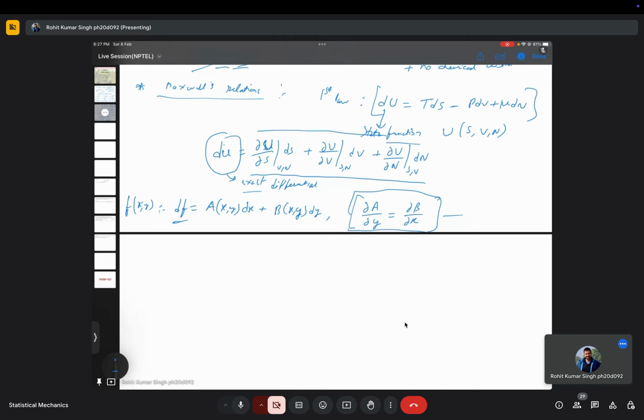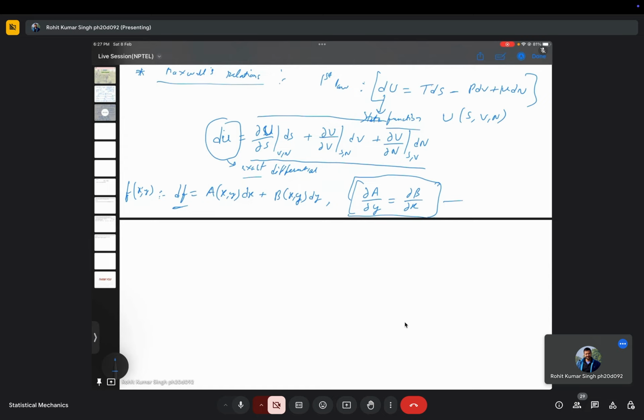So first, let's take these two. Okay, so here our A is del U by del S, and our B is del U by del V. Okay, and if we write this here, we get del by del V of del U by del S, where V and N are constant, and here S and N are constant.